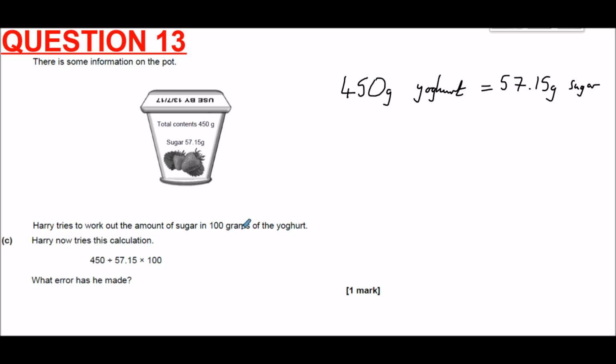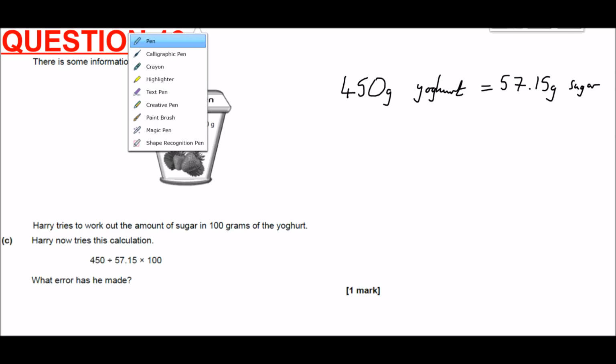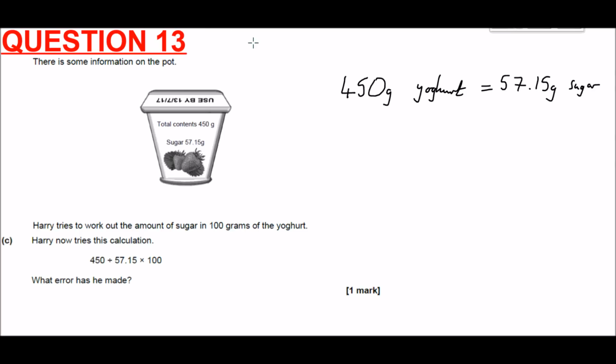We want to work out how much is in 100 grams of yogurt, so we're not interested in 450 grams of yogurt. What we want to do is work out 100 grams. Well, what we could do first of all is work out the proportion of sugar in just 1 gram of yogurt per gram.